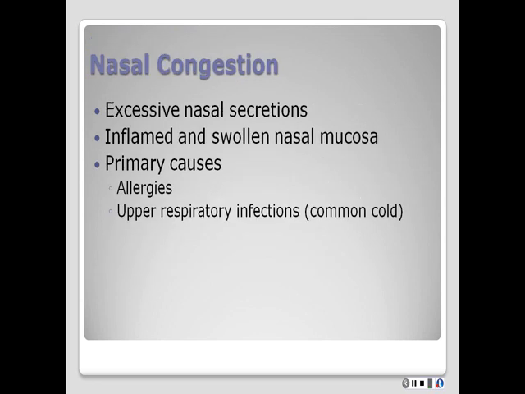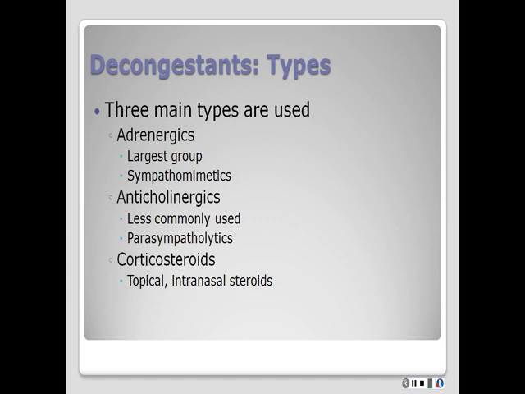Now we'll talk a little bit about nasal congestion, and this is due to excessive nasal secretions in inflamed and swollen nasal mucosa. And this is usually caused by allergies or upper respiratory types of infections, or the common cold. There are three subgroups of nasal decongestants that are used.